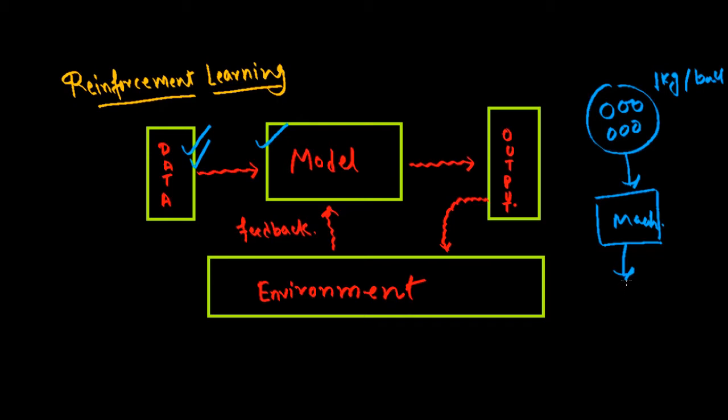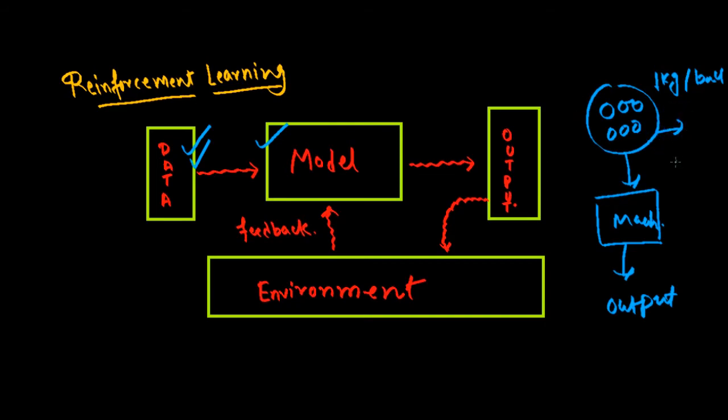Let's say the machine is measuring the weight of a particular ball, and it will provide some sort of output. You see that here the machine is not able to get the weight of this container. So this is the environment for the machine.